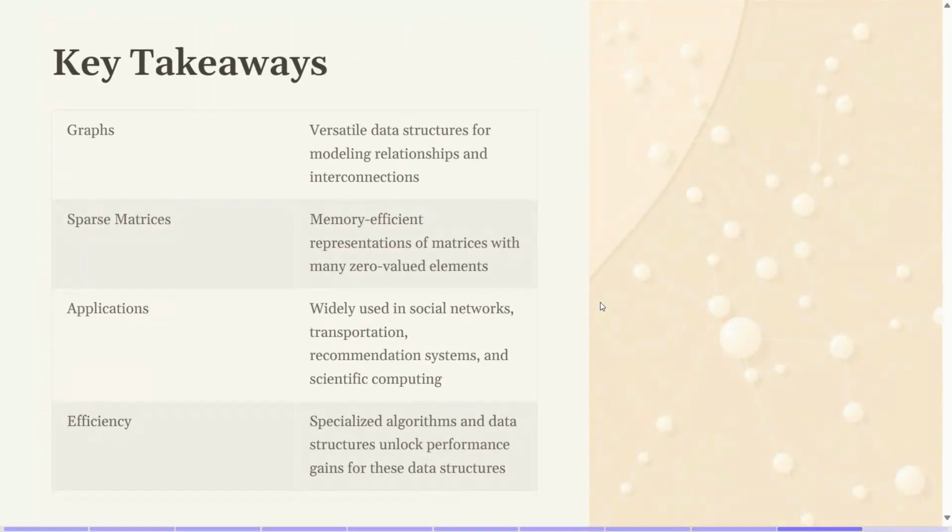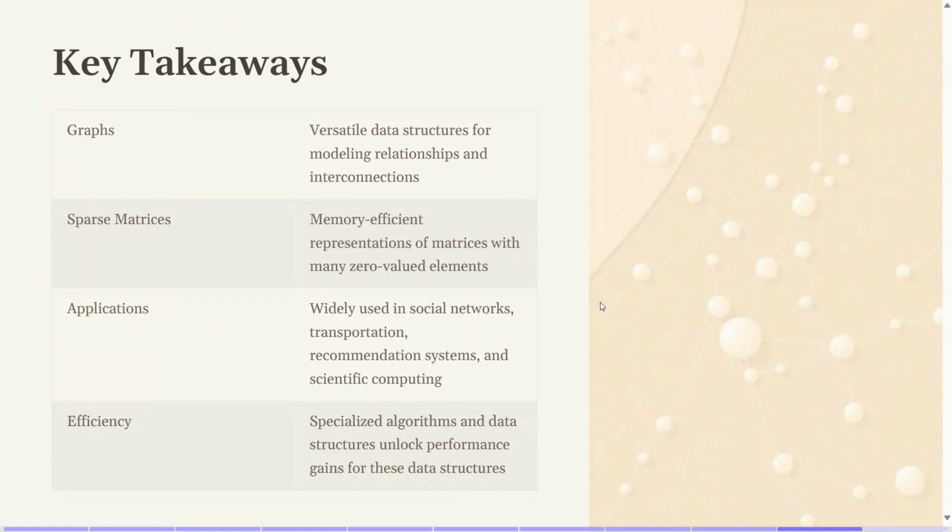These are the key takeaways we have discussed in our presentation today. Graphs are versatile data structures for modeling relationships and interconnections. And sparse matrices are a memory efficient representation of matrices with many zero valued elements. That's called a sparse matrix, actually.